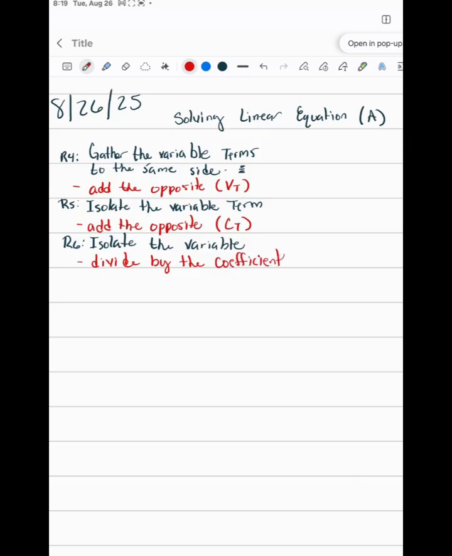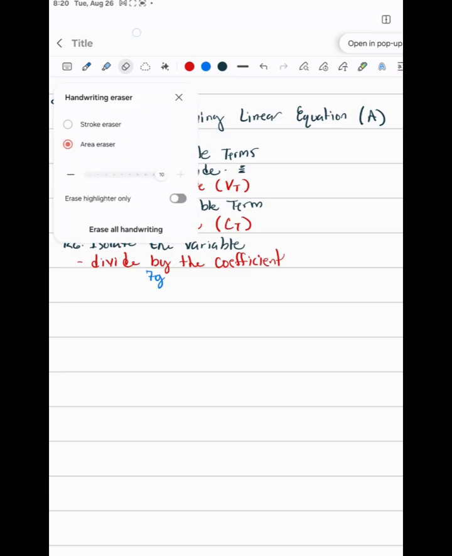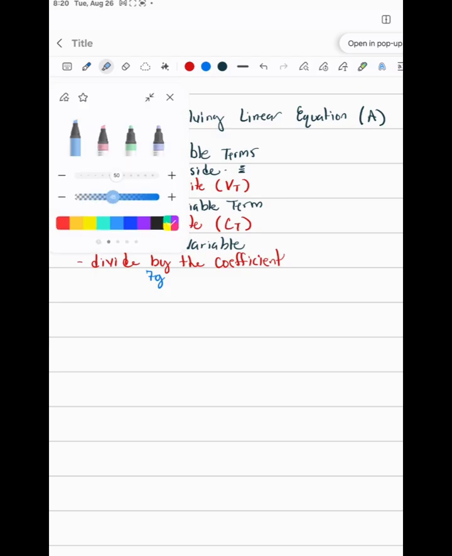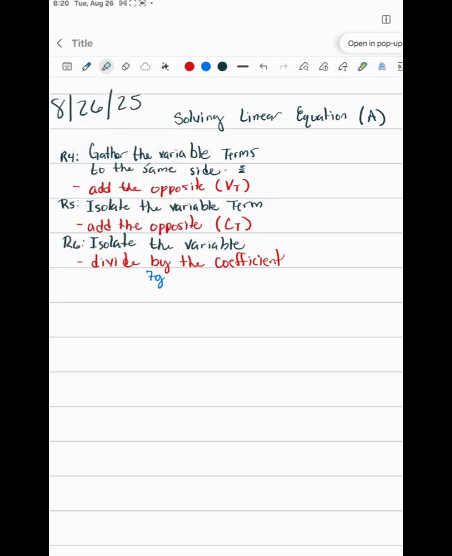All right. Now, just so you remember, in the term 7g, the coefficient is the number that's right beside the variable, right there.